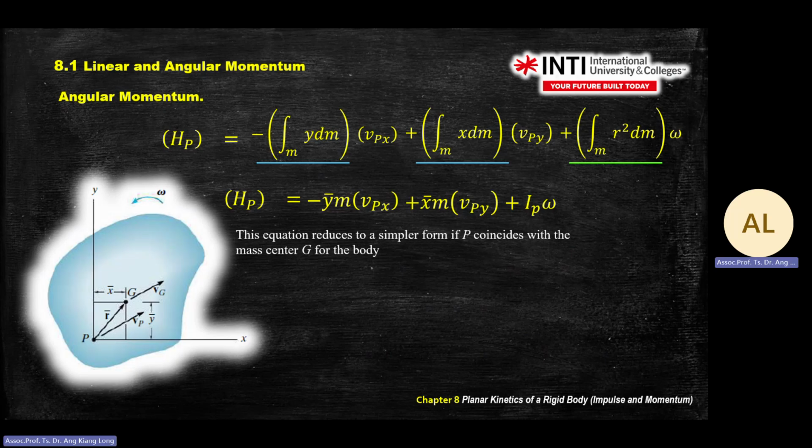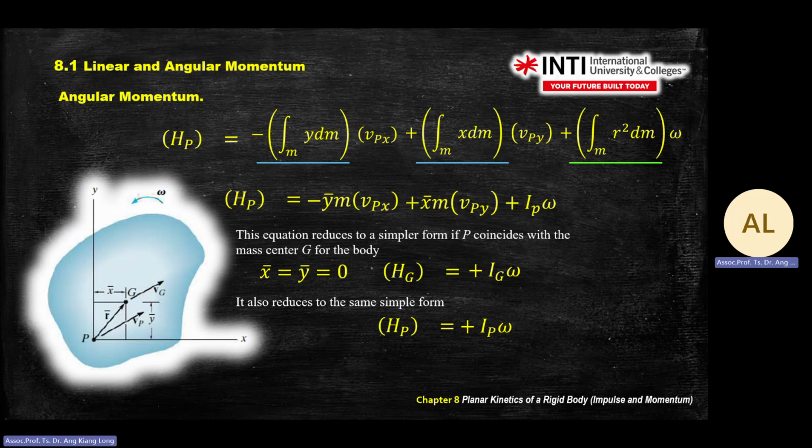But if your focus point, your O and G, is the same position, this one you cancel, meaning your Y bar and X bar are 0. Then your HG will equal 0, 0. HP will equal IP omega.